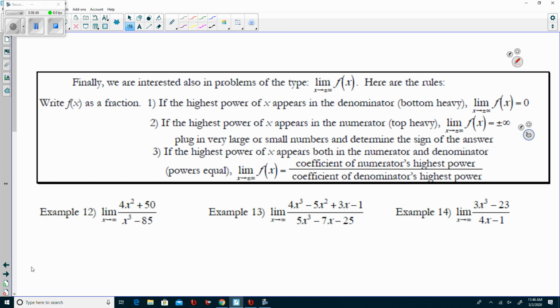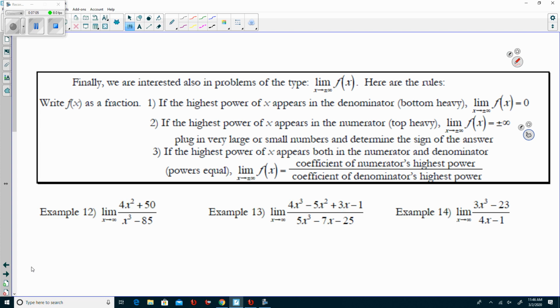When they are written as a fraction, you want to put them in descending order. And the only thing we're worried about is the power function. If you remember from Algebra 2, the power function is a single term.